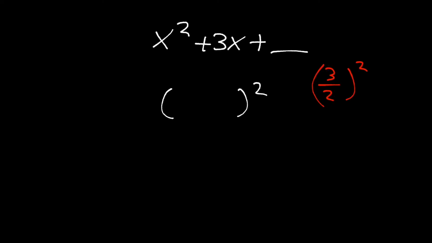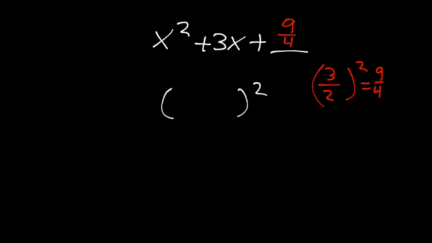In my personal opinion, it's easier to deal with fractions than decimals, so since I can't actually divide 3 by 2 and get a whole number, I'm going to leave it as a fraction and square it. So our 3 over 2 squared becomes 9 over 4, and that is going to complete our perfect square: x squared plus 3x plus 9/4.